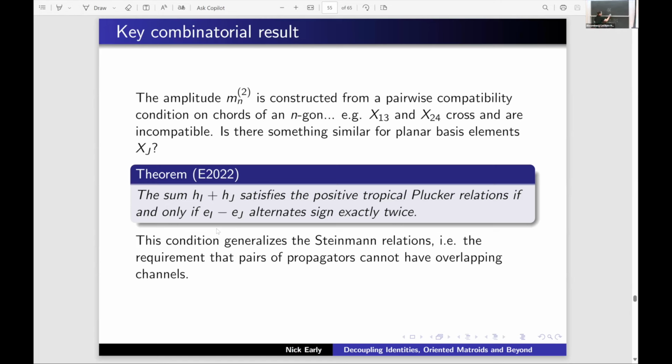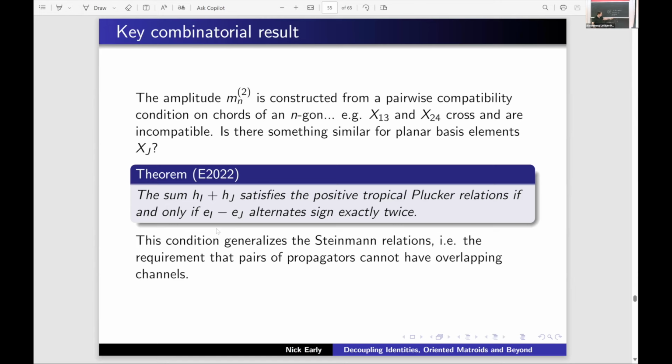We're checking whether X13 and X24 are compatible. Take E1 plus E3 minus E2 plus E4. This is equal to E1 minus E2 plus E3 minus E4, which is 1, -1, 1, -1, which alternates sign 4 times.